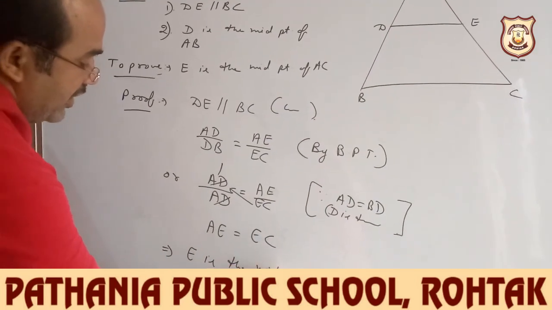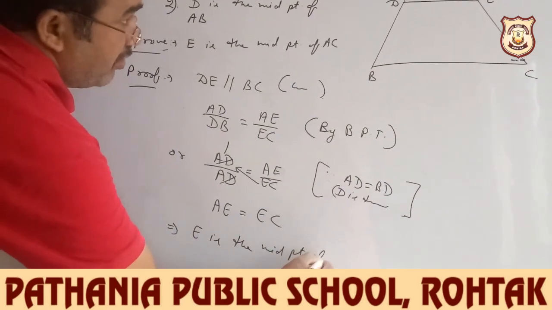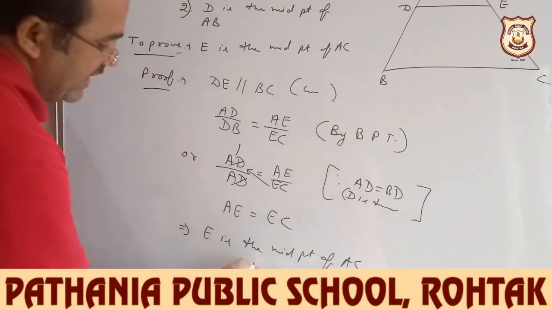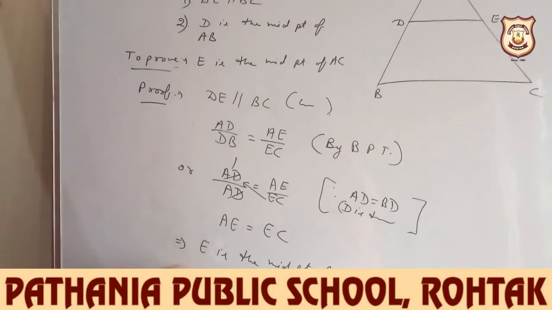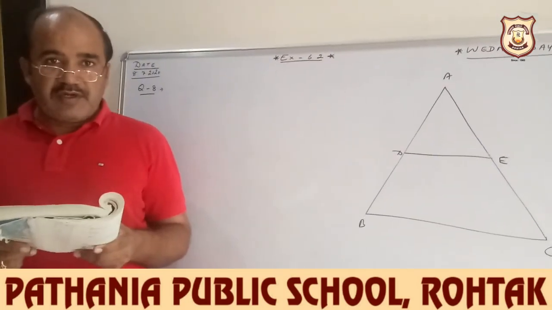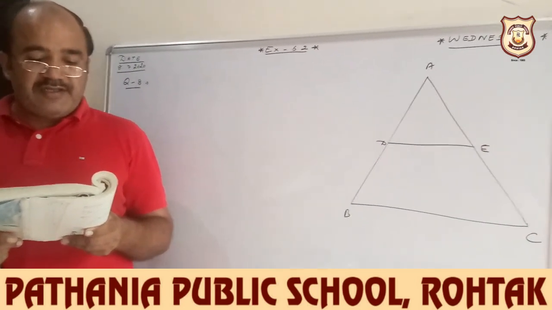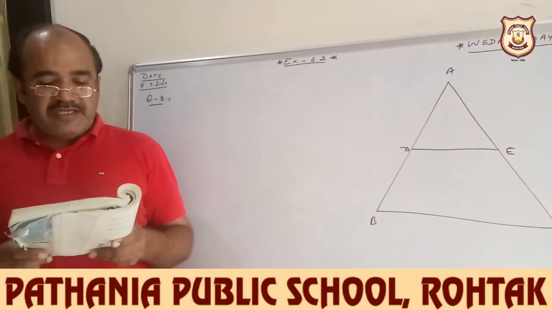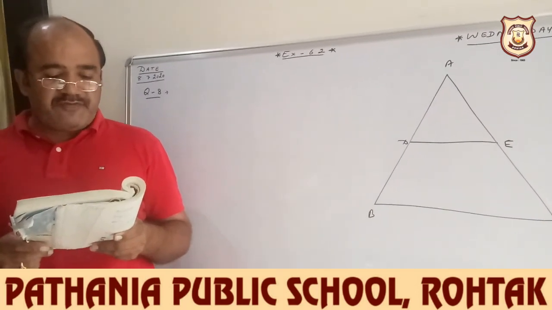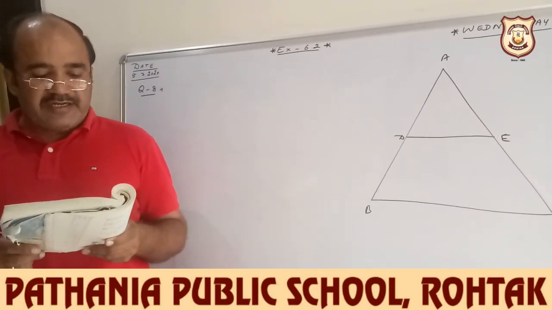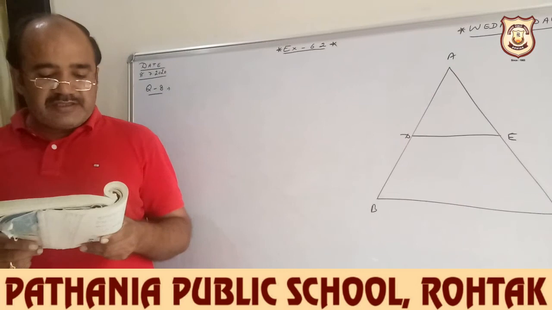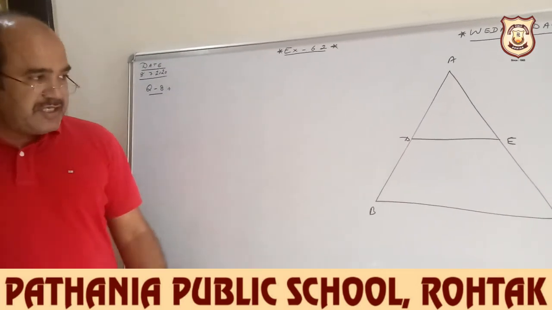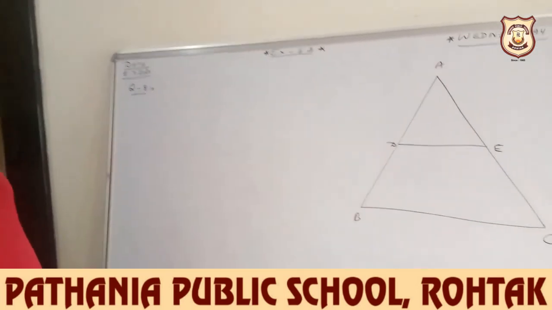D is the midpoint of AB. So AD cancels with AD. EC you will take on this side. AE equal EC. It implies E is the midpoint of AC. Hence it is proved.